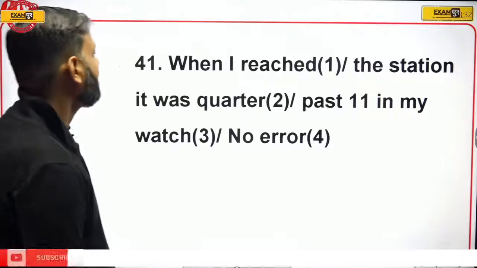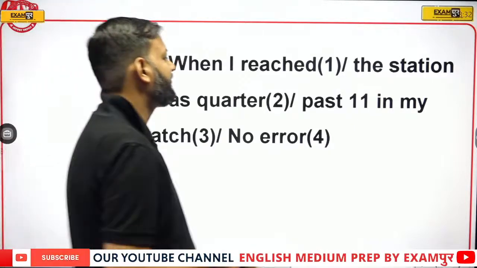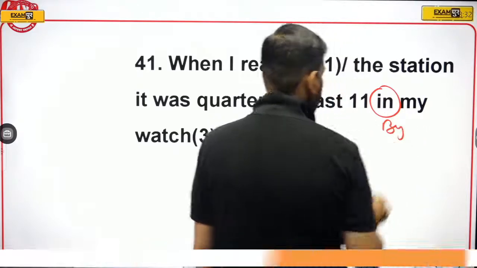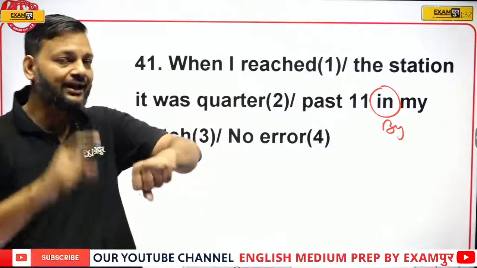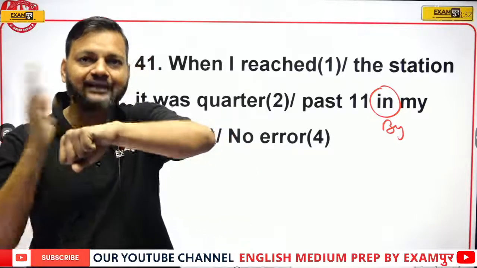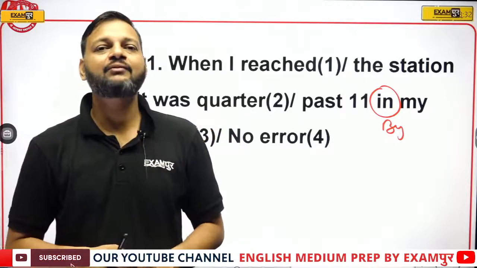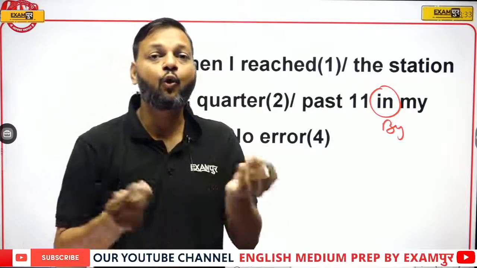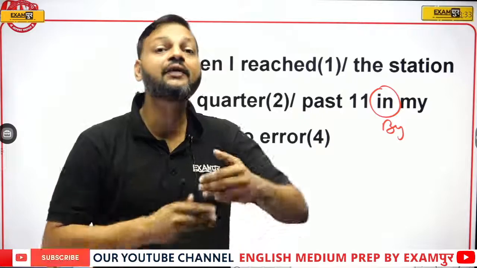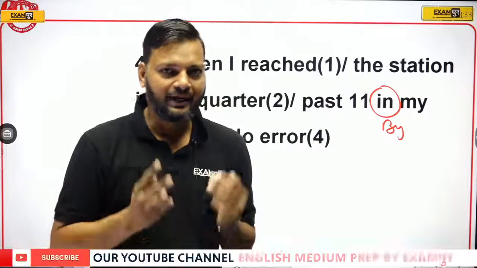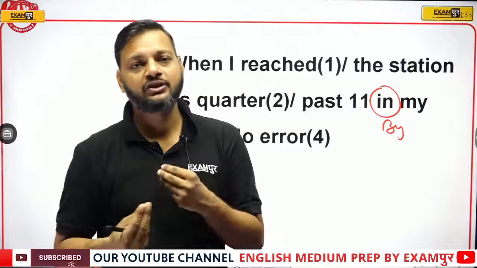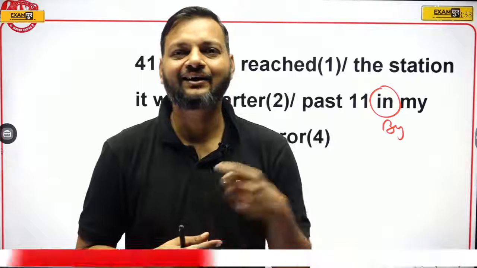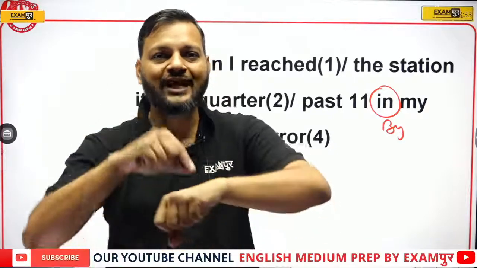Okay, so here: when I reached the station, it was 11:15 by my watch is the right answer, because time is not there in the watch, time is given by the watch. A watch does not hold time in it, it gives time. A watch is not like a room or box which holds time in it.